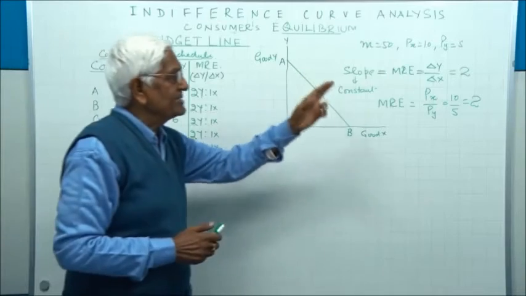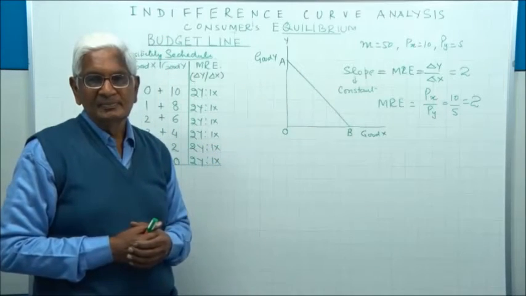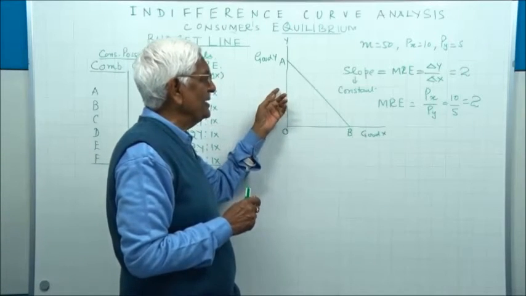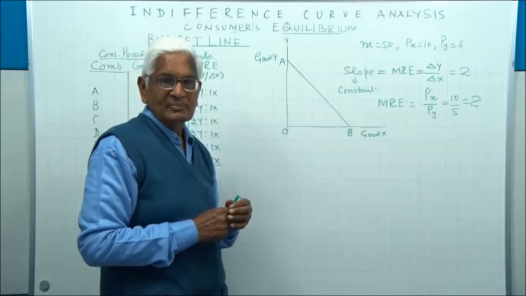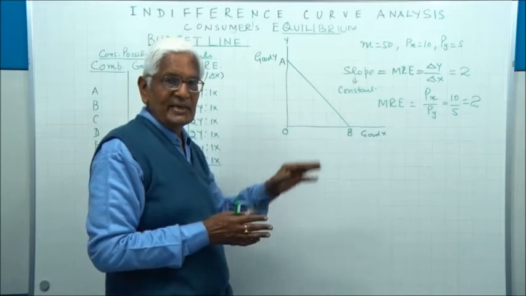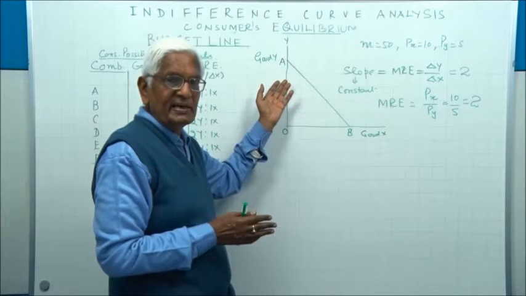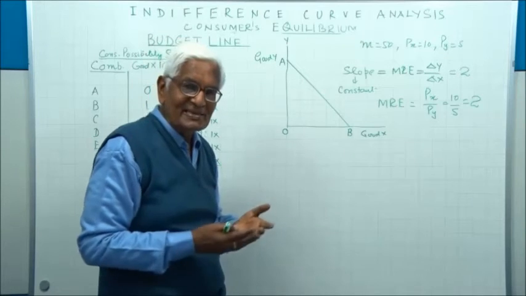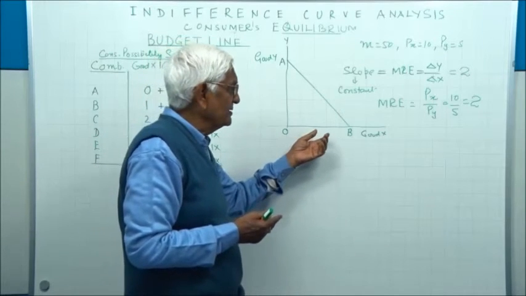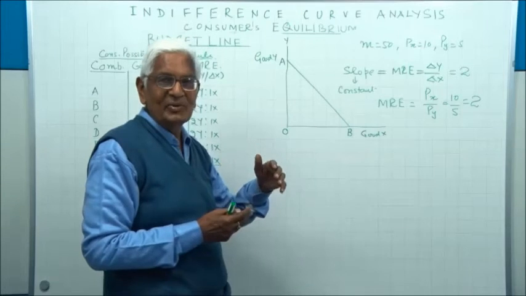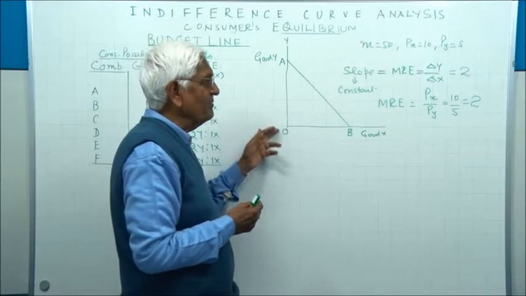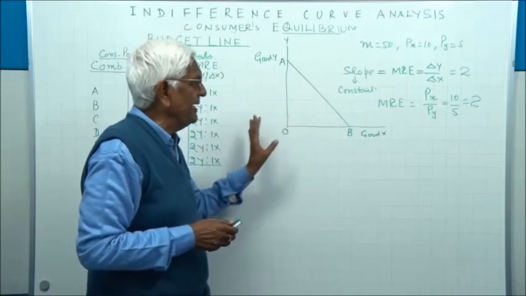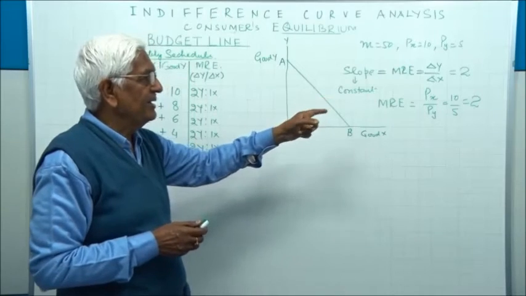So if we are given two prices, remember, अब ये ध्यान करिएगा, जब स्लोप निकालते हैं तो y पहले लेते हैं, ऊपर लेते हैं, x नीचे लेते हैं. When we find out the slope, we take delta y on the numerator and delta x on the denominator. When we calculate through prices, we take PX as numerator and PY as denominator, because इसमें कहीं दिखाया नहीं गया है prices, ये तो हमने अलग से लिया है, that MRE is equal to PX upon PY.